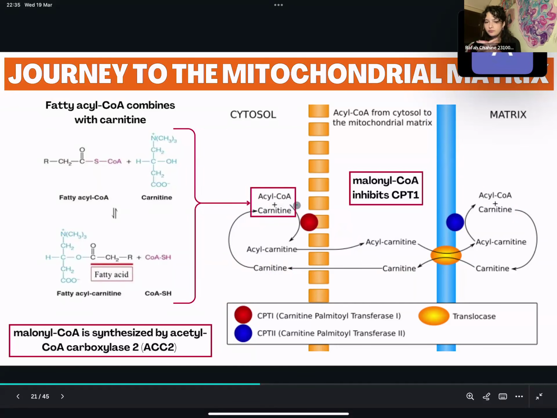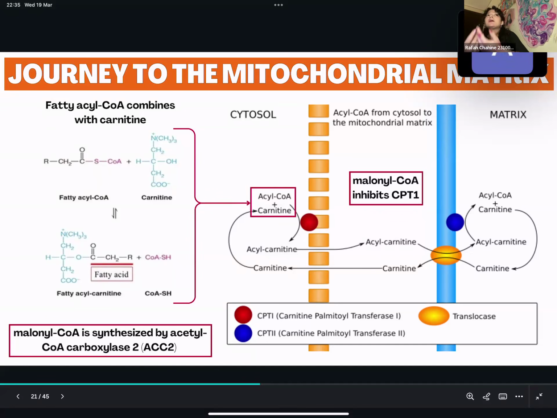Okay, now malonyl-CoA is a very important molecule that is produced during fatty acid synthesis. Yesterday, my friend Rina gave a lecture about fatty acid synthesis, and you probably already know that malonyl-CoA is produced as a result of that.